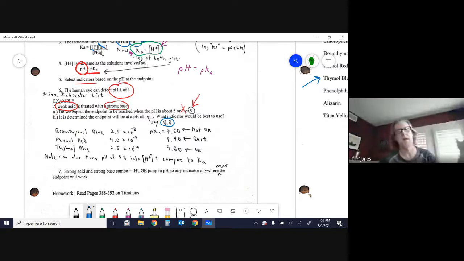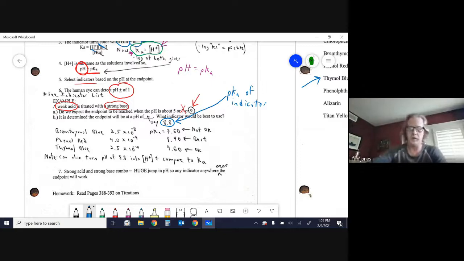So let's say we are doing a titration and we know that the endpoint should be at 8.8. I'm asking what indicator would be the best one based on the chart I gave. Well, what we need to do is find an indicator that has a pKa that is as close to 8.8 as possible.